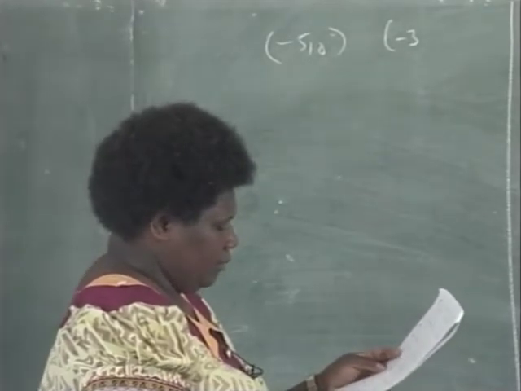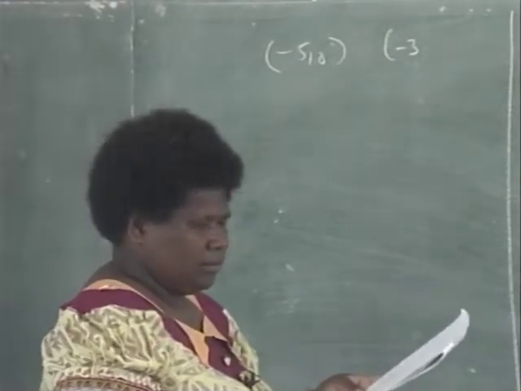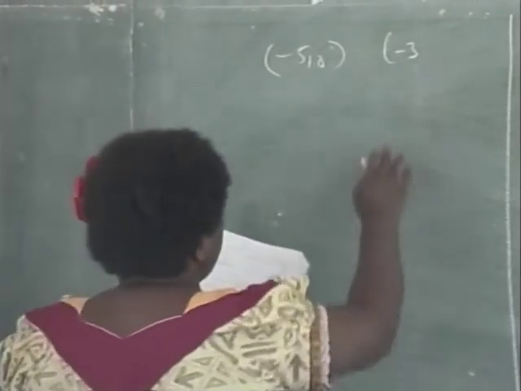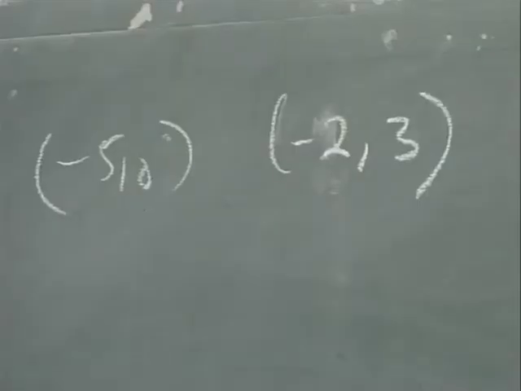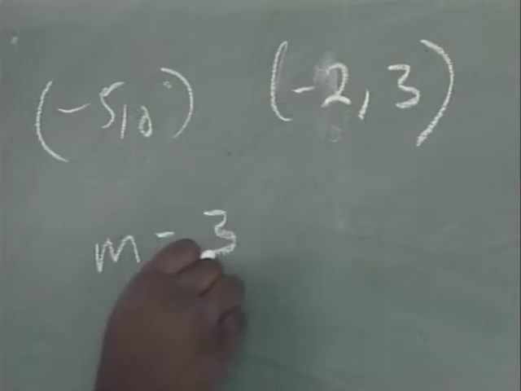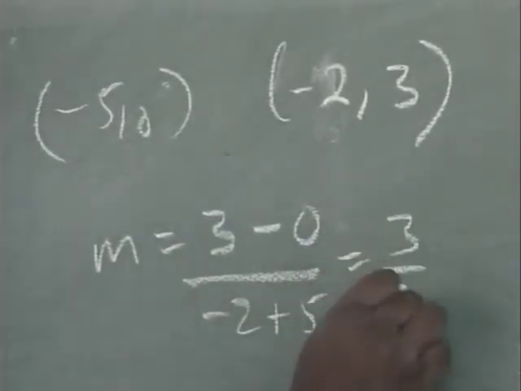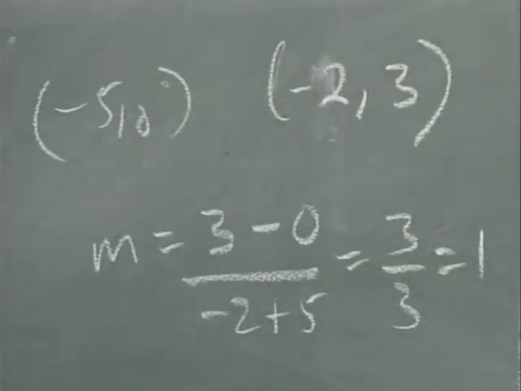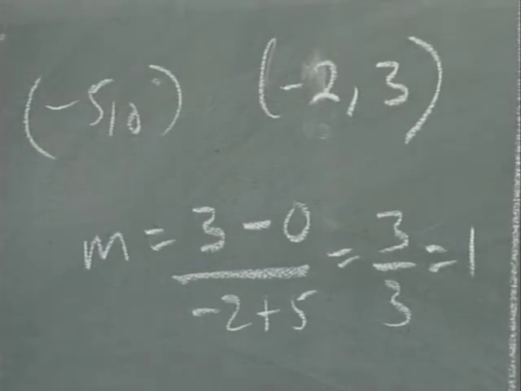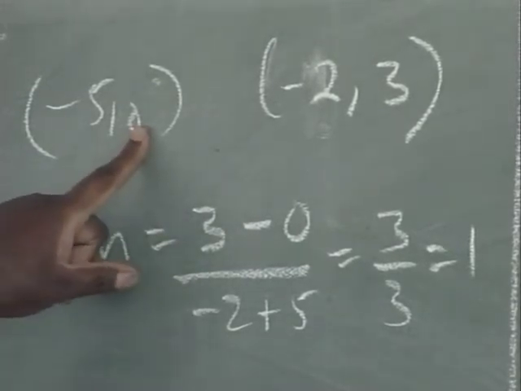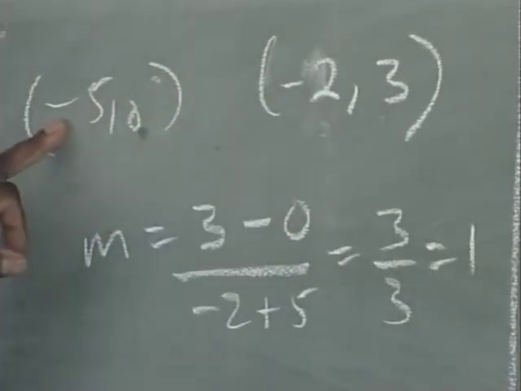This is letter N. Minus 2, minus 3. Okay, positive 3. m equals 3 minus 0 over negative 2 plus 5, which is 3 on 3, which is 1. That's y2 minus y1 over x2 minus x1.